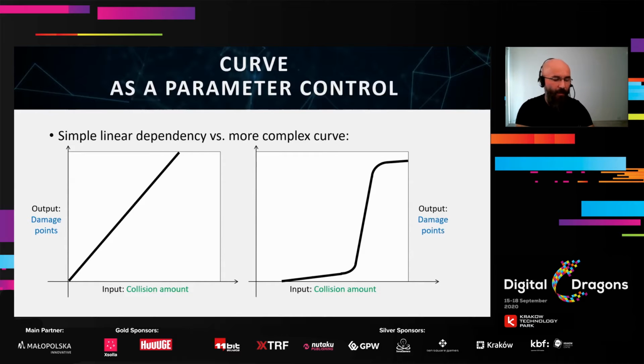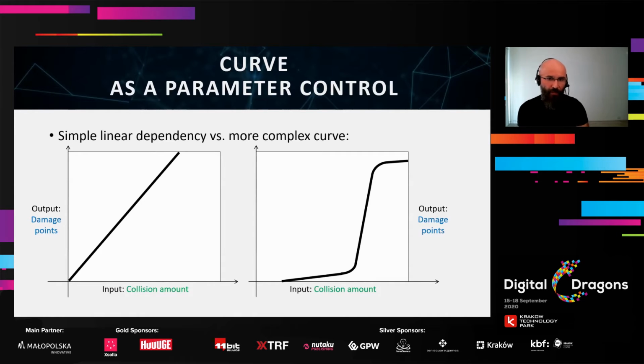Here we have a collision: let's say we can imagine a vehicle driving in the city, and we need to apply some damage points on collisions. Whenever we drive into something and collide, we need to apply some damage points to the vehicle depending on the collision amount, so how big the collision was.